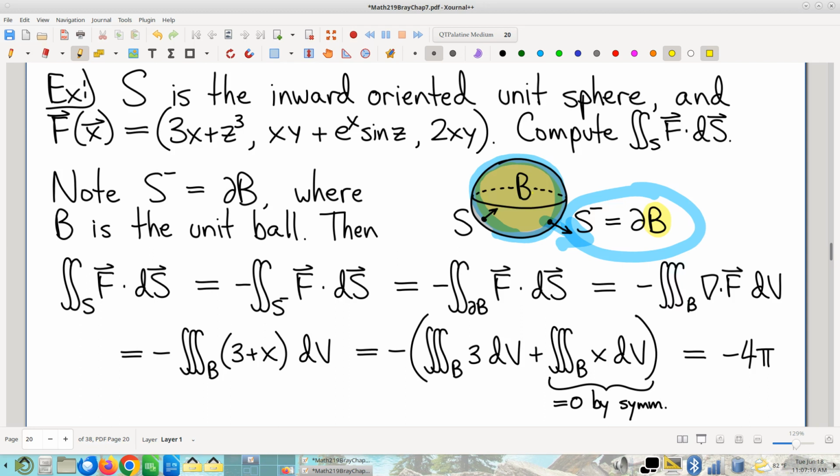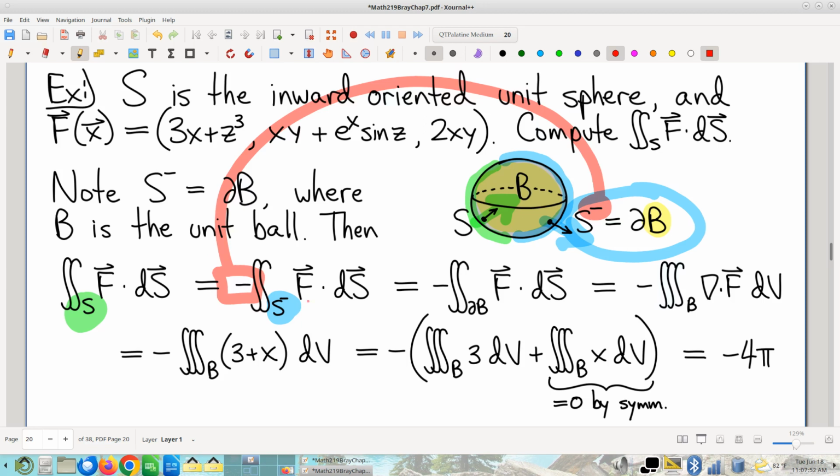So, with that in mind, I'm going to redraw this so I can get everything onto the screen here. I want to emphasize that the actual surface we're interested in is inward. The surface that we're given relates to this other surface by being the opposite orientation, thus giving us this minus sign.